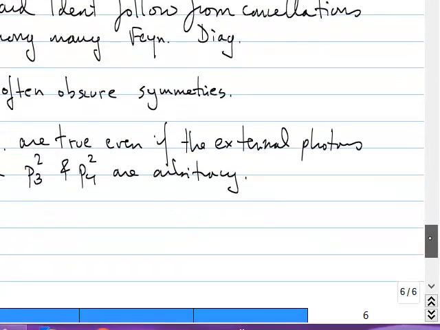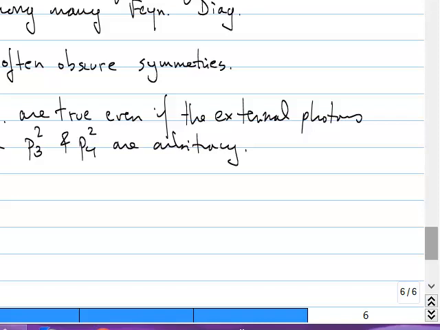So what does this mean? This means that I could actually use this Ward identity to help me prove statements about photons that are internal to the diagram, that is to say virtual photons. If I were considering a process with a virtual photon, then it could be off shell; its momentum could not square to 0, okay?